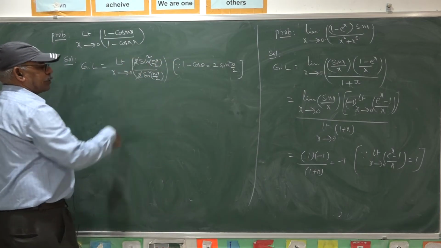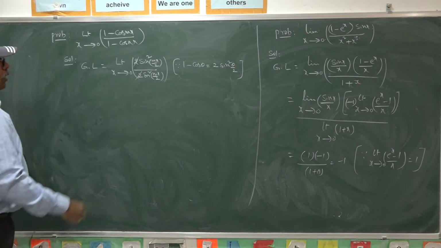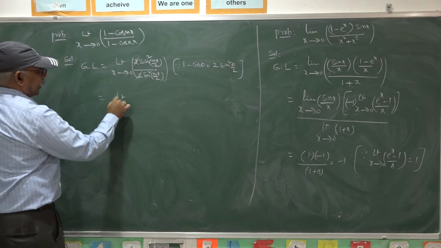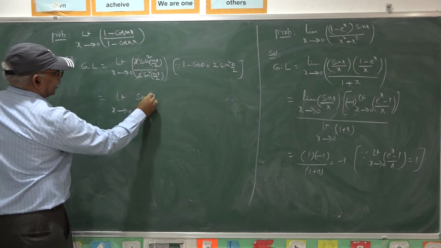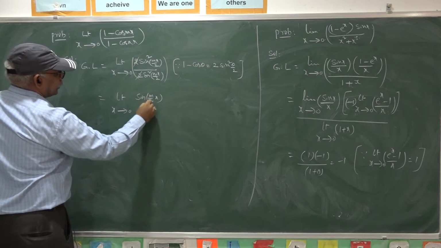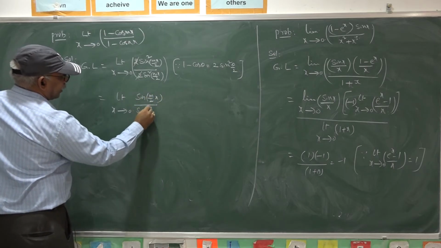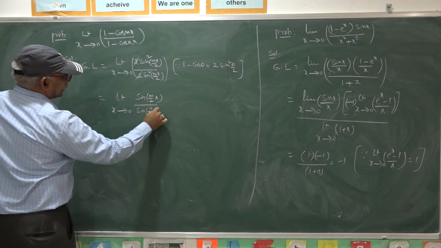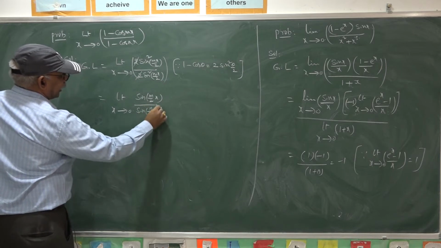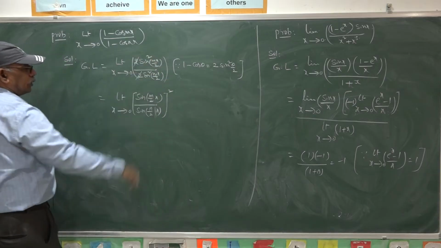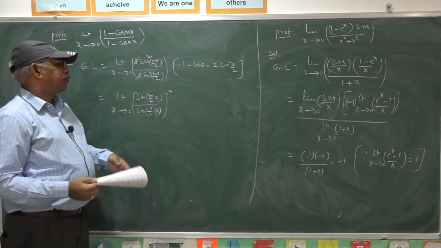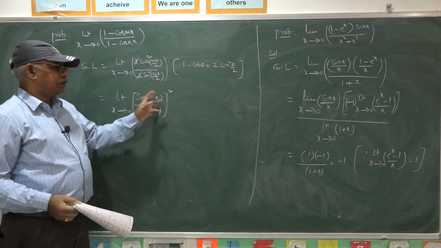You can remove this 2 and the limit may be arranged like this. Limit as x goes to 0, sin (m by 2)x by sin (n by 2)x, whole square, because sin square by sin square you can write as a whole square.